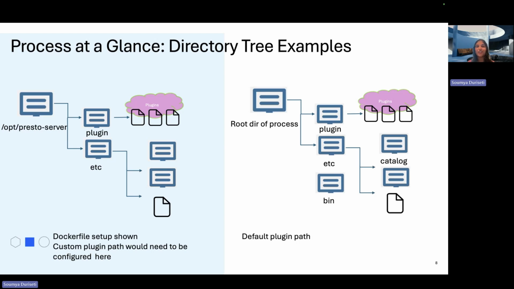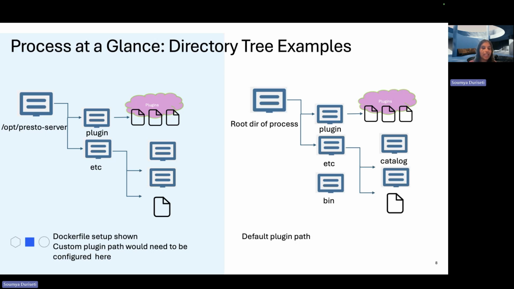So, for all of my friends looking here on how to actually put these plugins in, let's take a look at two examples. Looking at the example on my left in the blue, we can see the Docker file setup that is shown up here.